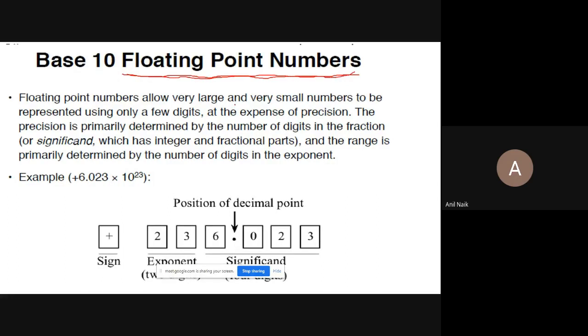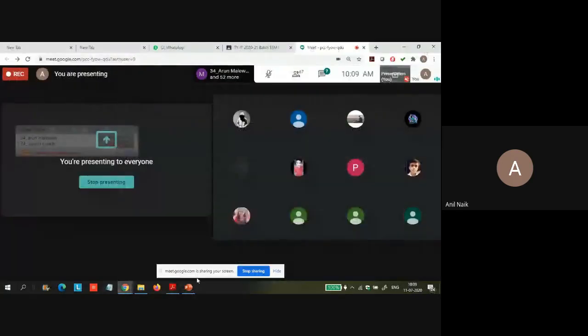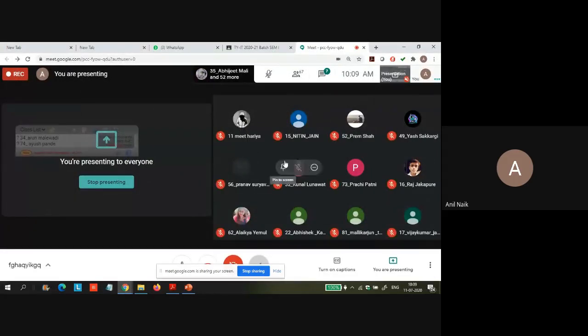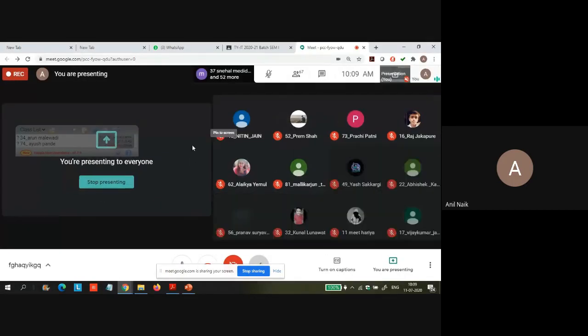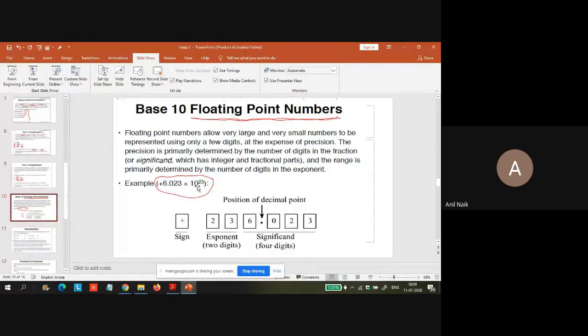Floating point numbers. Just focus on this example: 6.023 times 10 raised to 23, such a large number. 6.023 times 10 raised to 23 means there are 23 digits.